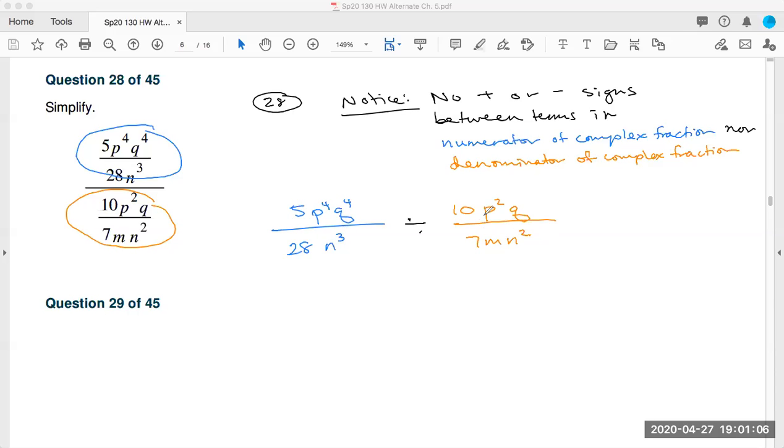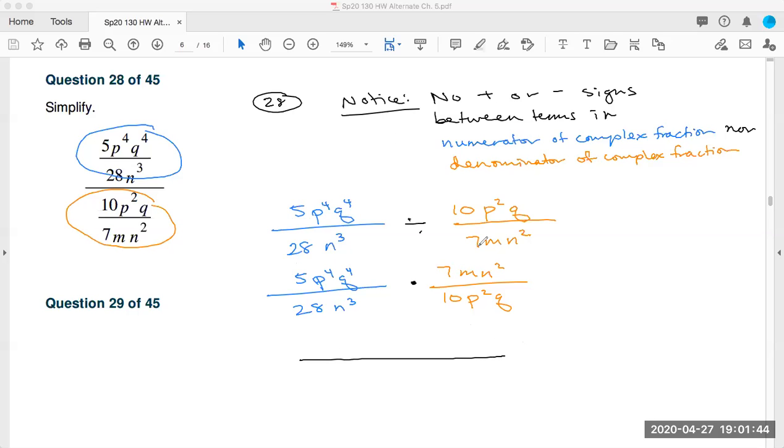Okay, all right, so now what we do, we're going to keep that first fraction the way it is, and we're going to multiply by the reciprocal of the second fraction. Then we can actually start canceling things when we're comfortable here, but if it helps you, you can rearrange and just put this all into one fraction.